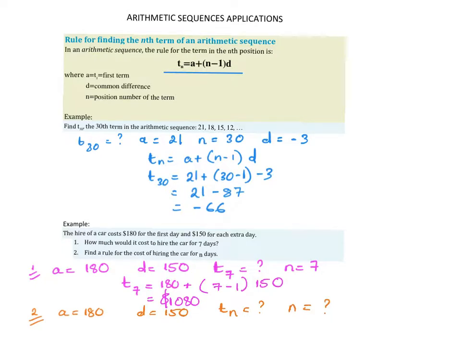And so we're going to get Tn is equal to, now we know what a is, it's 180, plus, we don't know what n is, (n minus 1) times 150. So what it really means is that once we know how many days we want the car for, we can substitute into that rule and use it to work out the cost of the car hire.